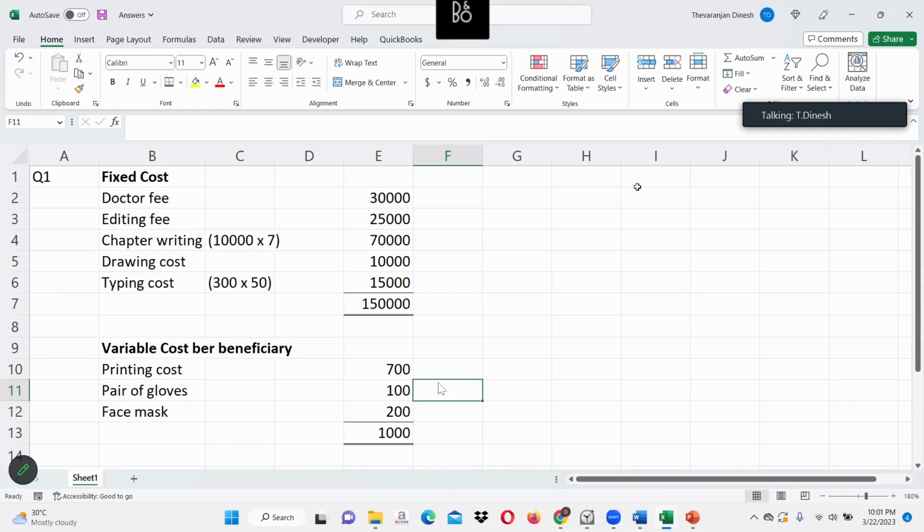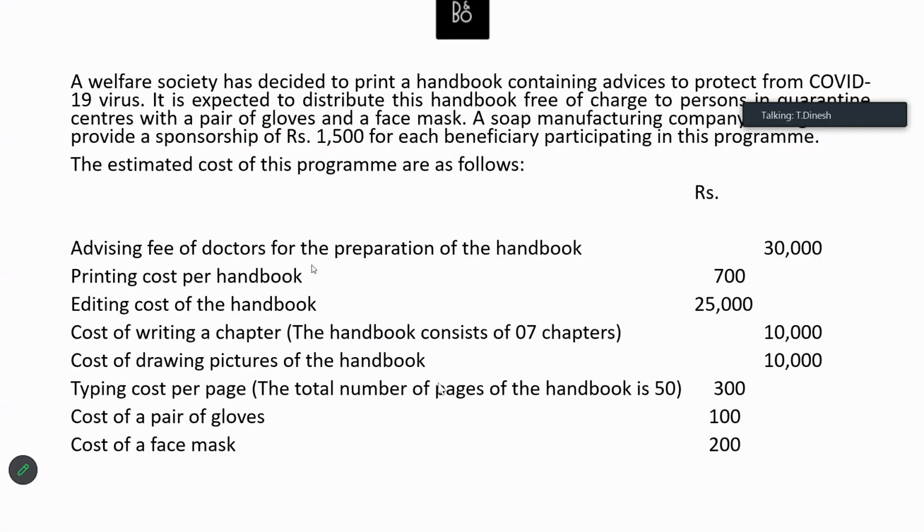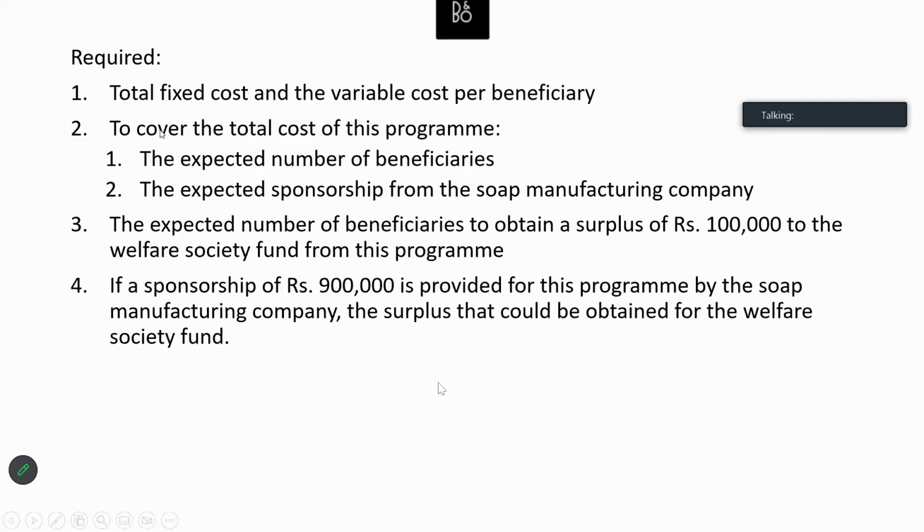Then the next question. To cover the total cost of this program, number one, the expected number of beneficiaries. To cover up means there should be no profit or no loss. That is the point.